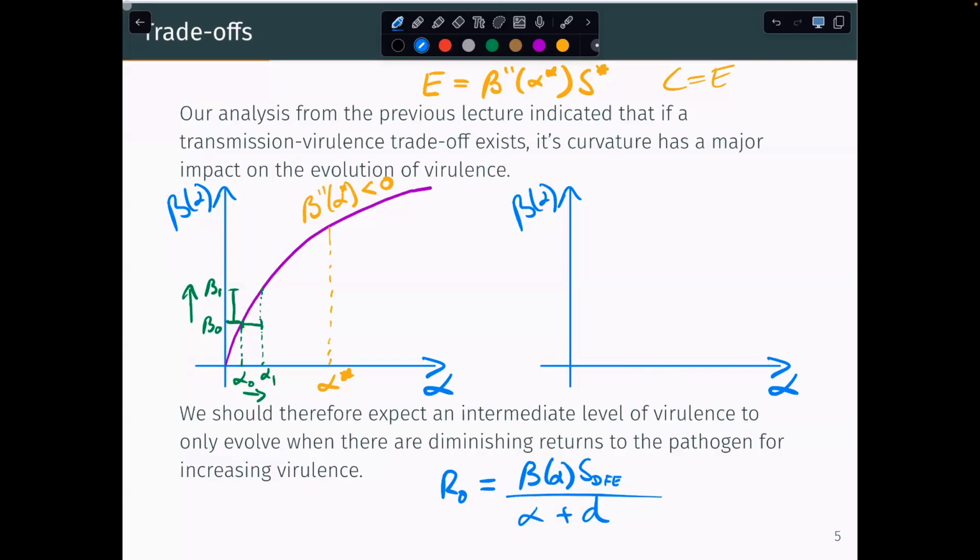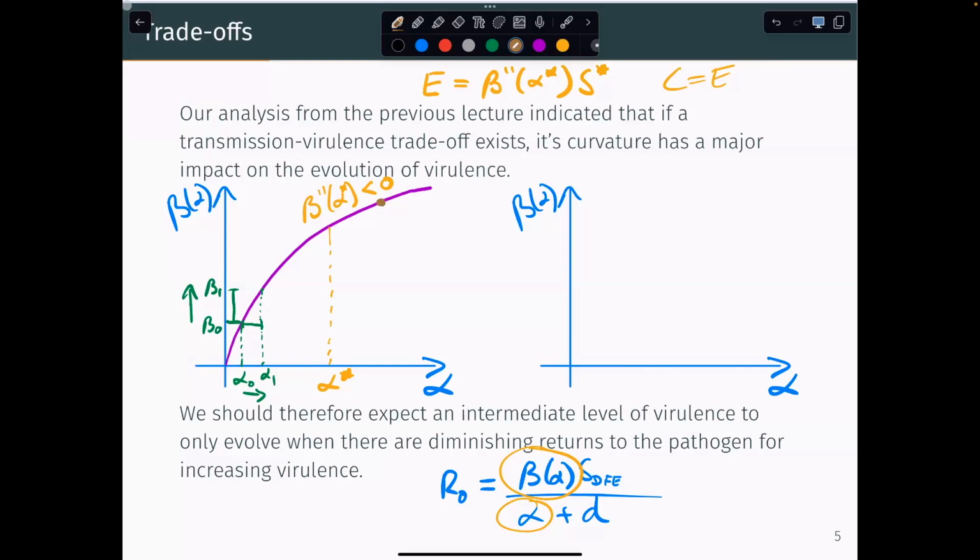So it needs to increase its beta of alpha as much as it can, but as it increases alpha, it's also going to be increasing the denominator, right? So there's a balance here between these things. Okay, so if it's able to increase its transmission rate by a substantial amount, then it doesn't matter if alpha is on the denominator. It's offsetting this.